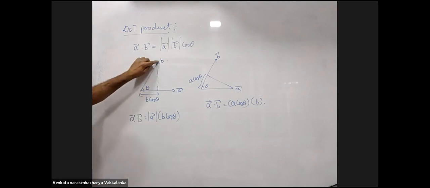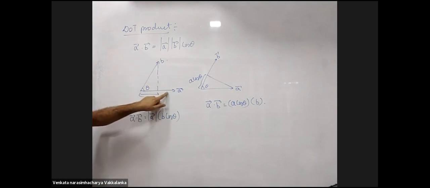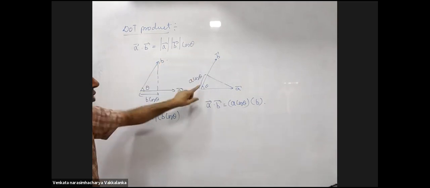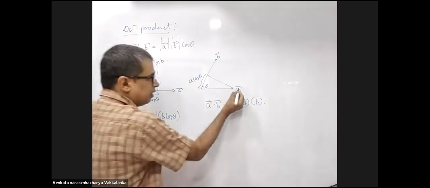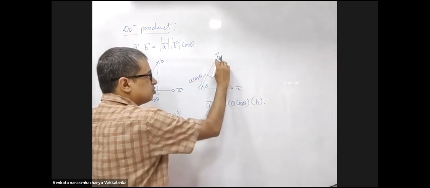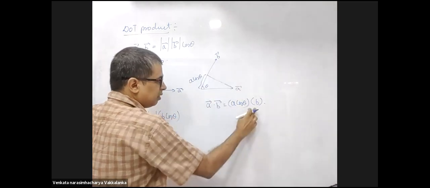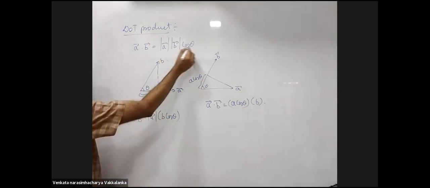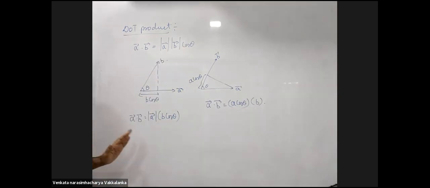Either you project B on A or you project A on B and multiply both. See, projection becomes a scalar. A cos theta into magnitude of B or B cos theta into magnitude of A, I get AB cos theta.